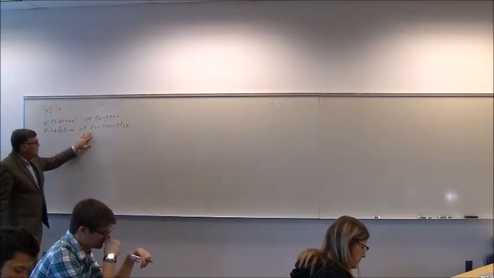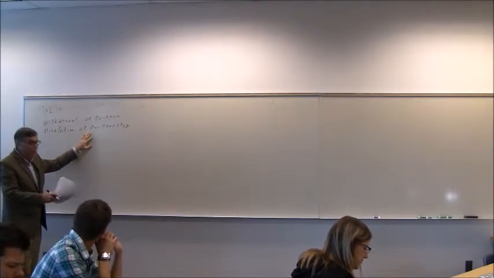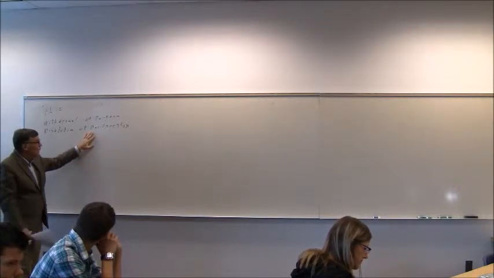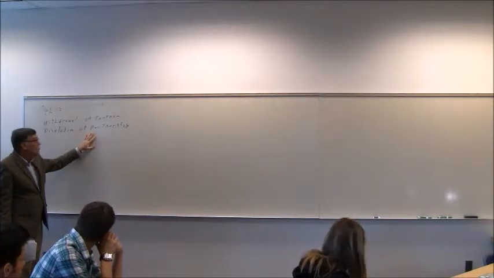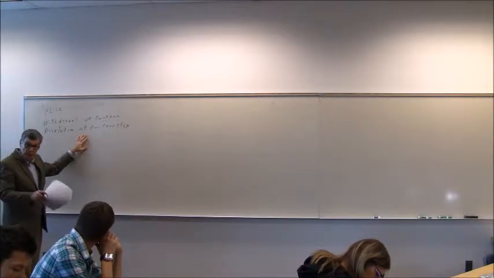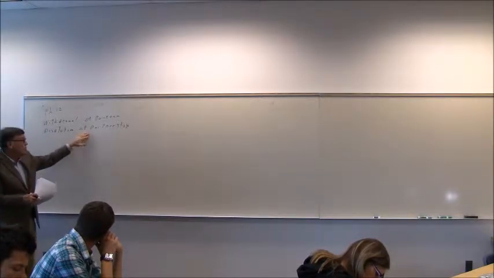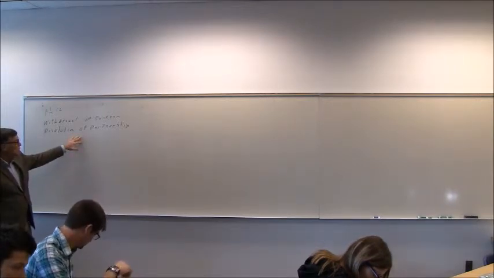The only thing that's different about this one is there are several owners, so you have to take care of several capital accounts, and one of the partners may have a deficit. So it's essentially the same process that we went through with the sole proprietorship, in that you sell the assets, pay off the liabilities, and then the rest goes to the owners, except it has a couple of complications in it.